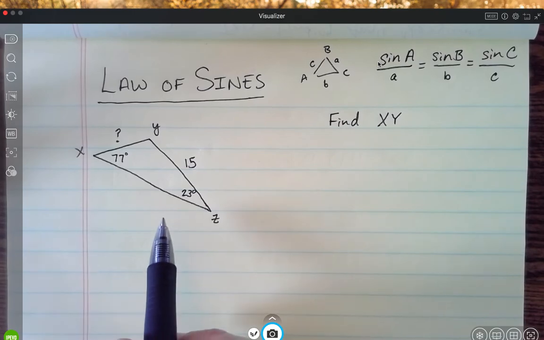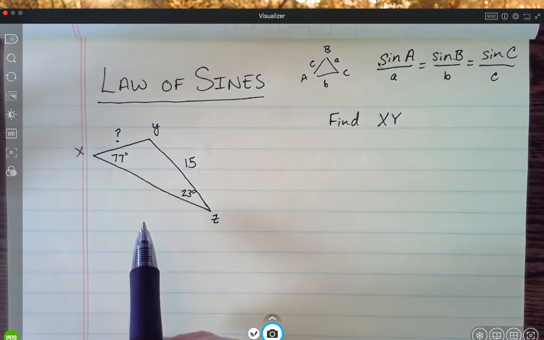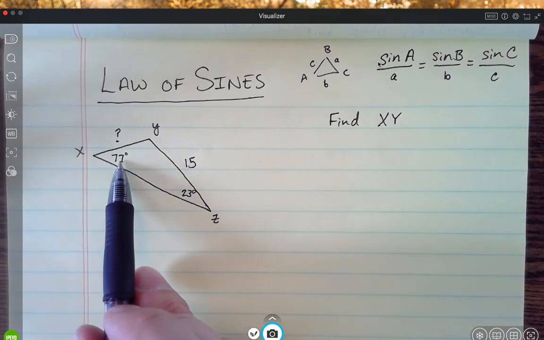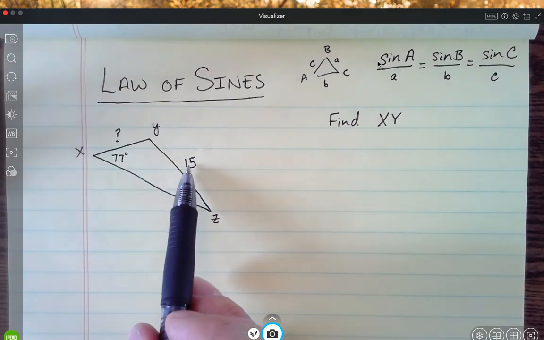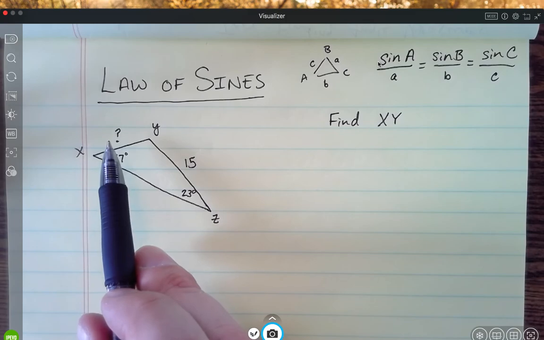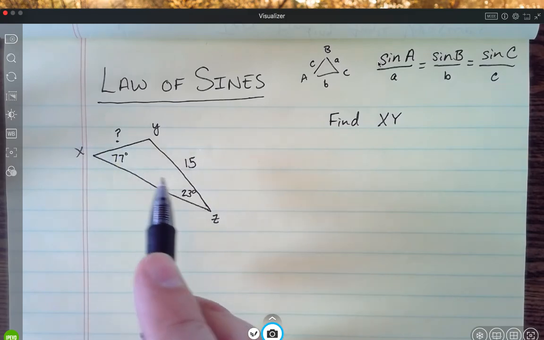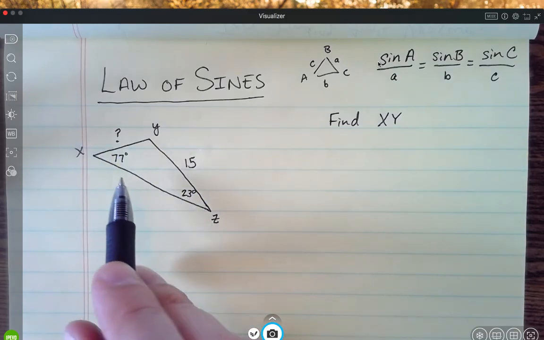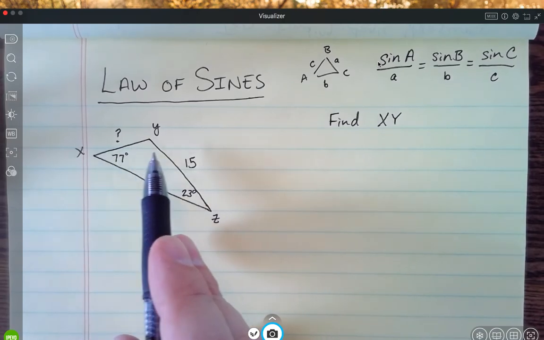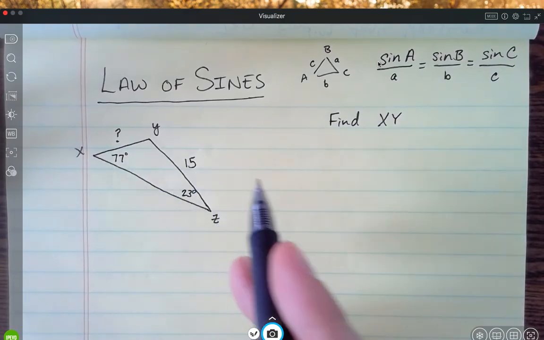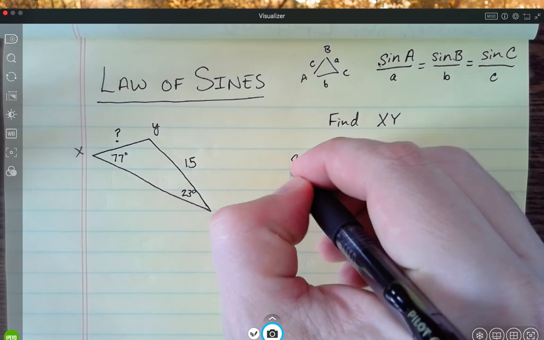So in our first one here, we are trying to figure out the length of XY. And so we've got two angle measurements and a side length. We want to find that missing side length. So what I'm going to do is take the angle that I know and the opposite side length that I know, and set up part of my proportion with that.